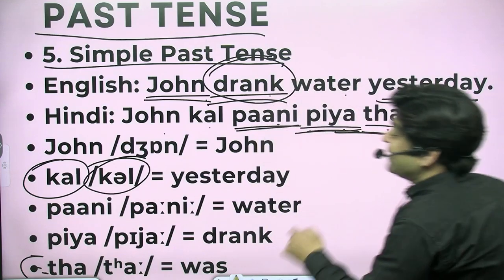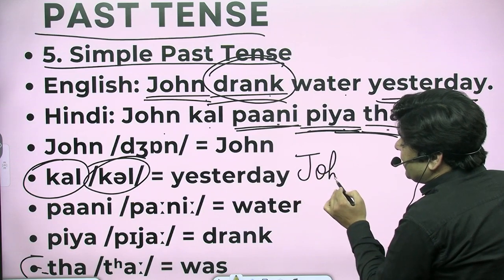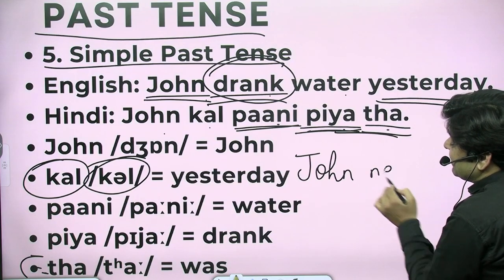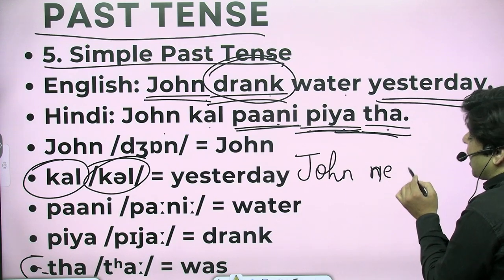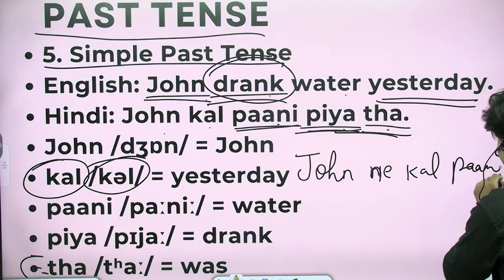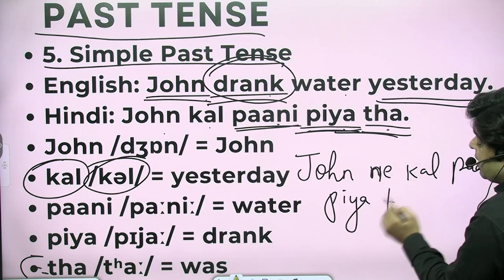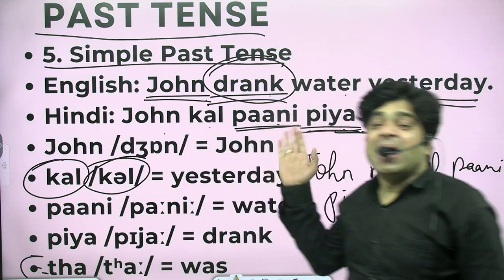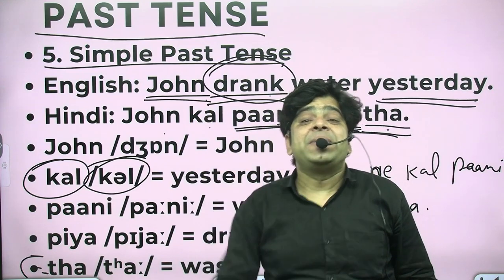In native Hindi, we basically speak it like John ne, kal pani piya tha. You can speak it this way also. John kal pani piya tha. John ne kal pani piya tha.